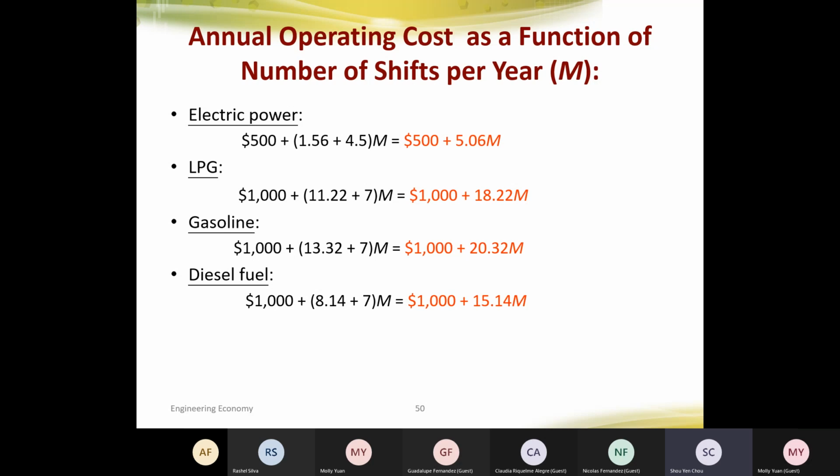And you want to compute the so-called annual operating cost, right? As a function of the number of shifts per year. As I said, we are curious about the shifts. If the number of shifts changes, whether or not it will influence our decision and in what way.